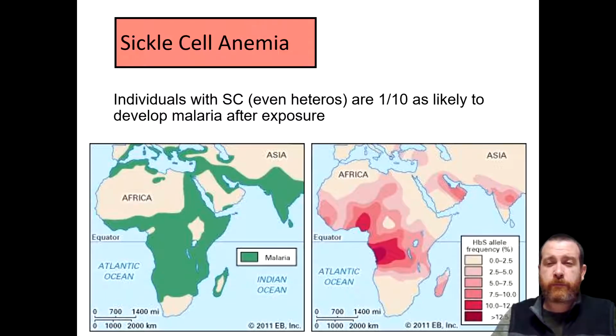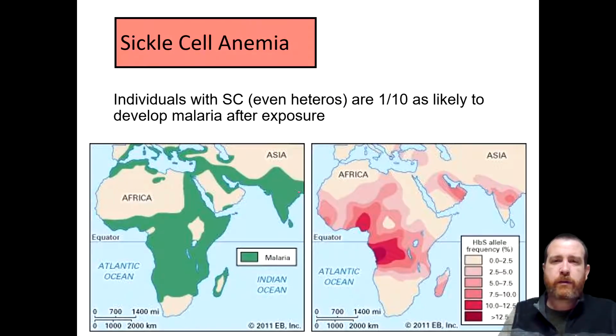Malaria is Plasmodium falciparum, this little tiny pathogen that makes its way into red blood cells. Well, if you have the sickle cell trait, it actually protects and prevents this malarial Plasmodium from getting into your red blood cells. So if you were to draw a map of where malaria is versus where sickle cell anemia is, it's pretty much a 1-to-1, right?